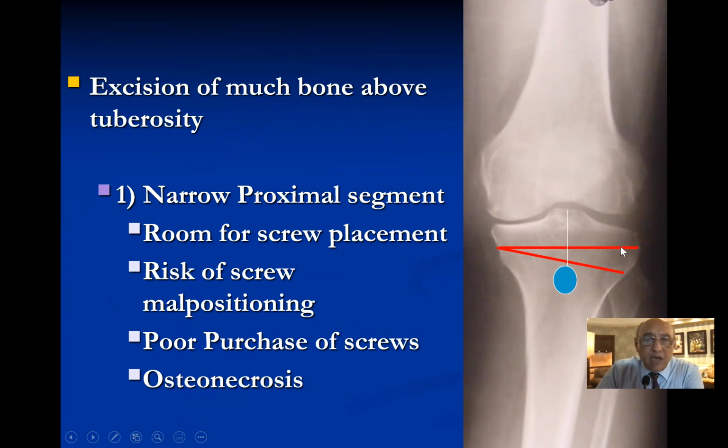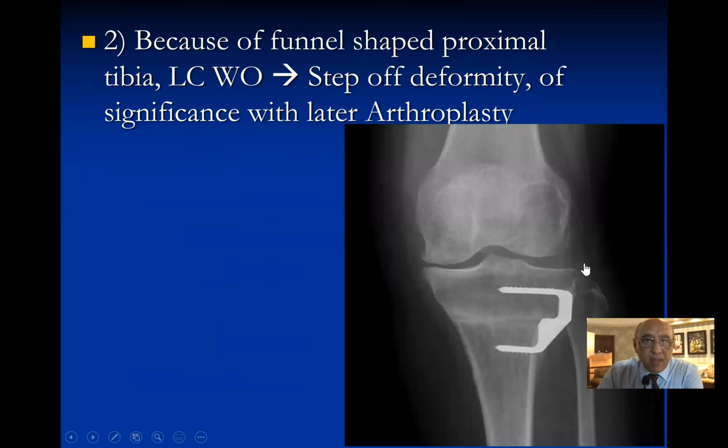Excision of much bone above the tuberosity led to a narrow segment of the proximal segment, where there is little room for screw position, with a risk of malpositioning the screws in the osteotomy or in the joint, poor purchase of screws, or risk of osteonecrosis of the proximal fragments.